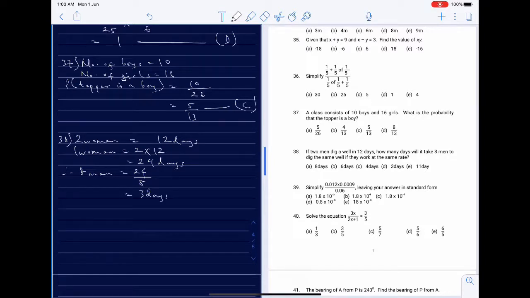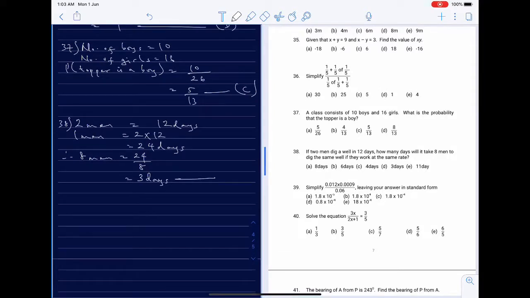We can see that's reasonable because 8 men didn't take as many days as 2 men. 2 men dig it in 12 days, 1 man will dig it in 24 days, and 8 men will dig it in 3 days. So the correct option is D.